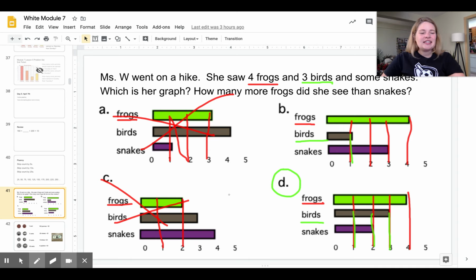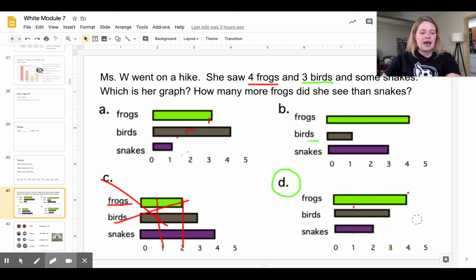Let's take a look at the second part of the problem now. I'm going to erase while we do that. How many more frogs did she see than snakes? We're only working with the D graph, and that's because we already know that that shows how many snakes Miss W saw. So, how many snakes did she see?